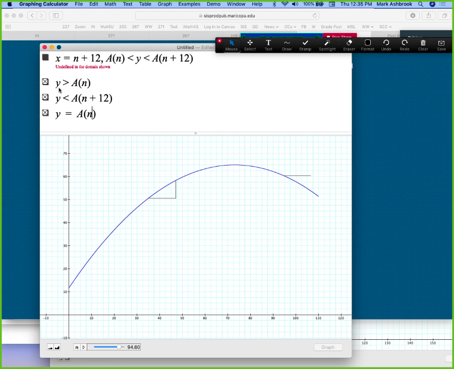So all points whose y value is greater than A of n. You can shade above the curve. Like up like this? Not the whole curve. Just the part of the curve which has points that are narrow.